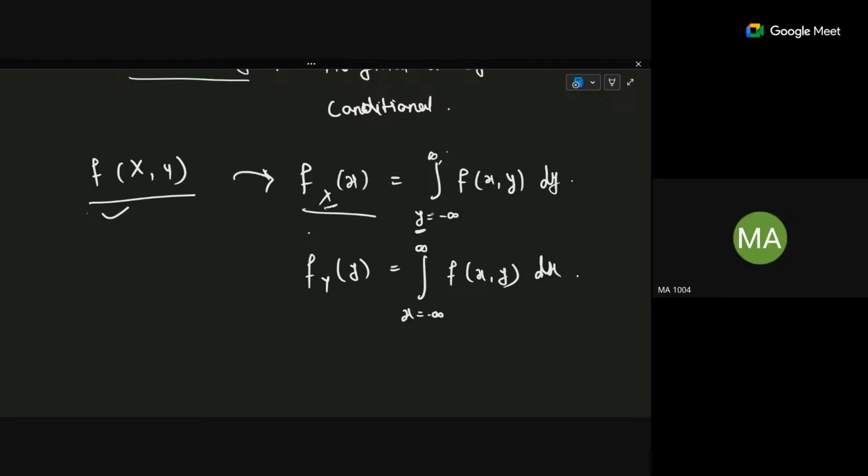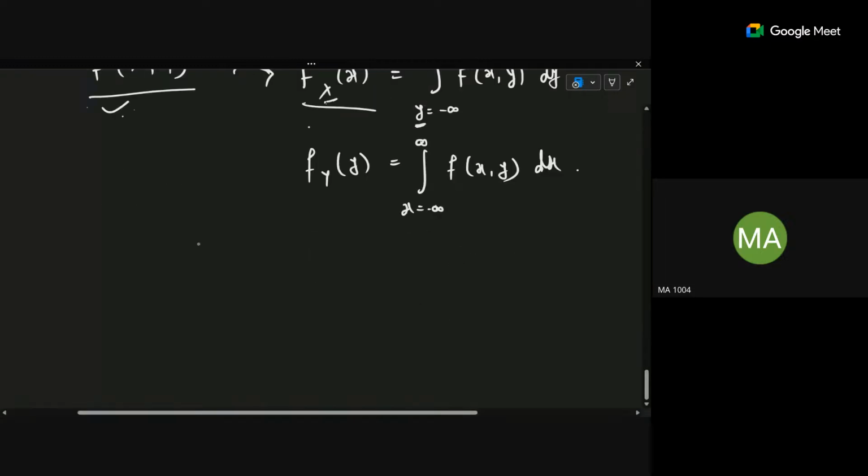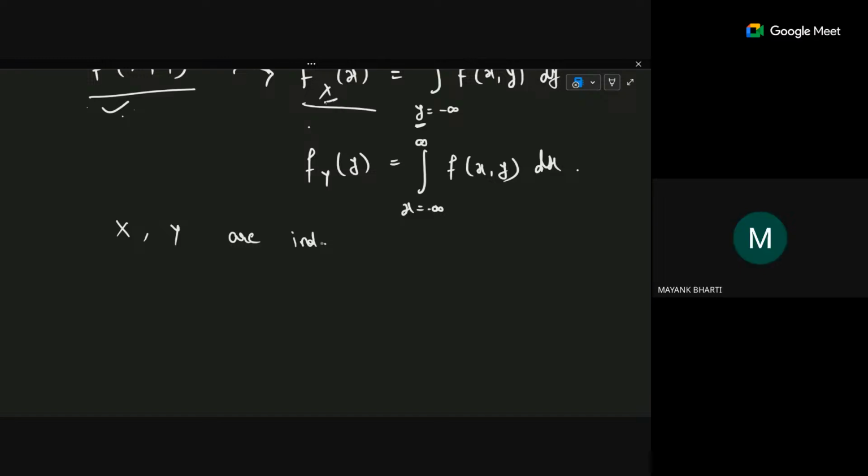Now the question will arise: if you have a joint density, what is the need of marginal density, right? Whenever you know the joint, you can find out the marginal. You may have seen questions like x and y are independent random variables, right? Have you heard this kind of thing? Yes, ma'am. You know what liberty this independence gives: there are so many theorems and useful things that apply once you know that your x and y random variables are independent.